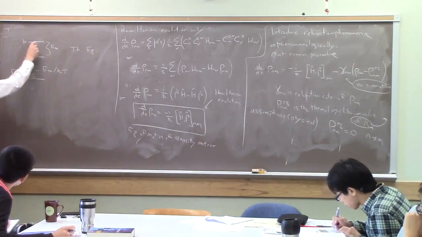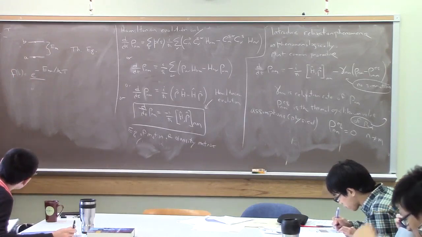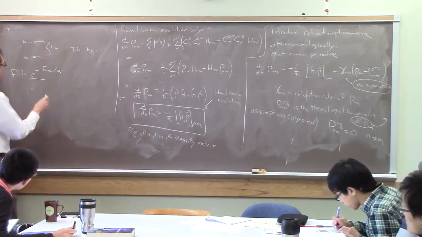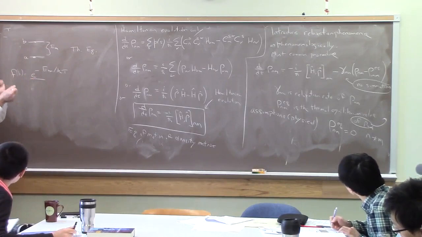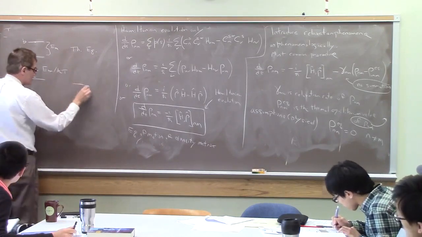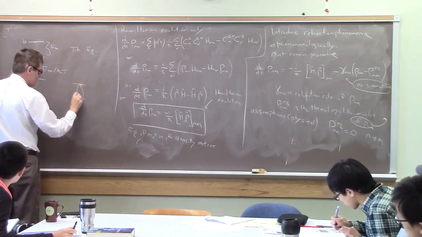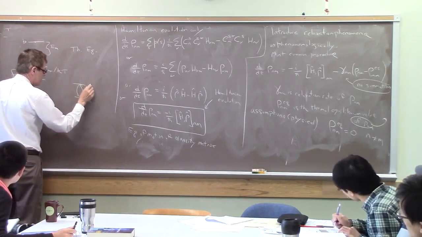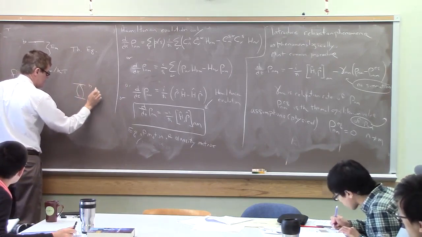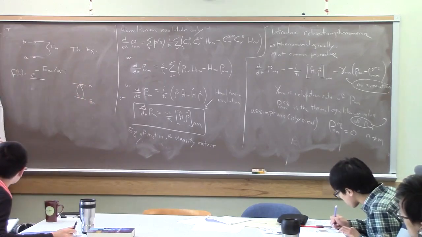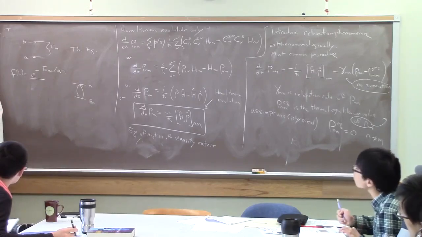So you can imagine there's going to be population there. But in my wildest dreams, I cannot imagine that atoms are going to bounce into one another in such a way as to create a coherent superposition of levels B and A.